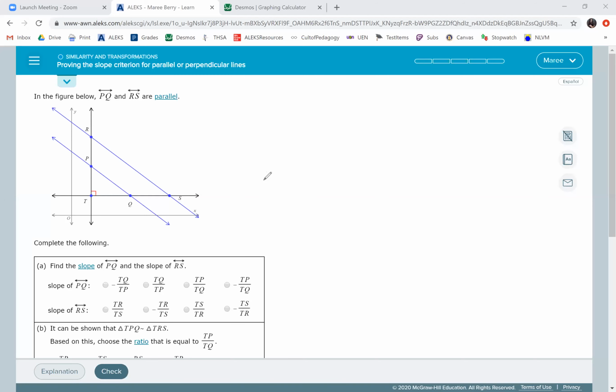There are a couple things that you need to know about parallel and perpendicular lines that I think might be helpful for this topic. Parallel lines have the same slope.